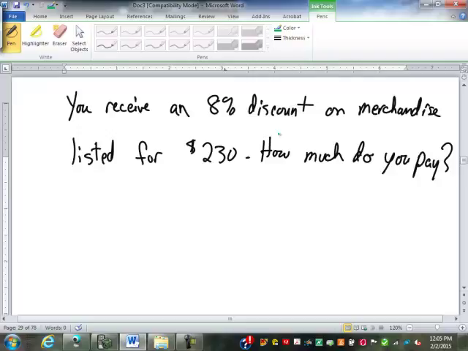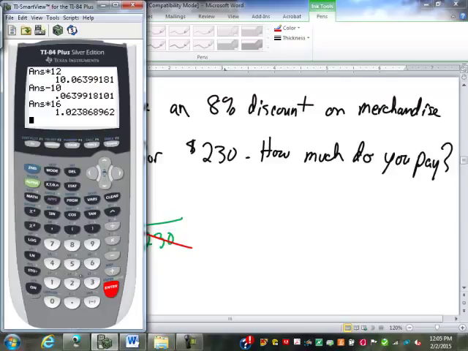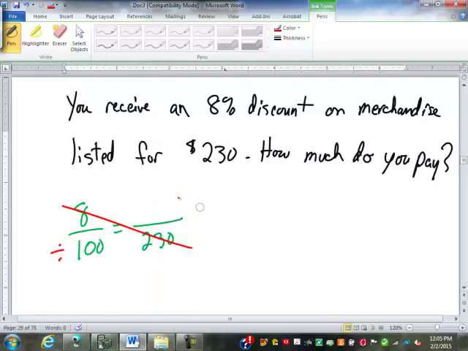So here, there's a couple of ways we can approach it. Let's approach it the way that most people would dive in and try it first. Well, 8% is 8 out of 100 of the 230 is the full price. So we cross multiply and divide. 8 times 230 divided by 100 is $18.40.